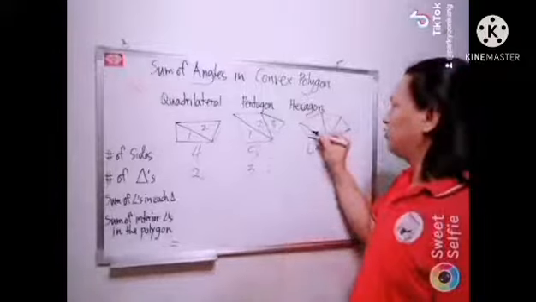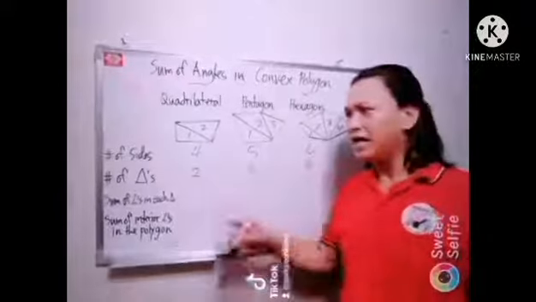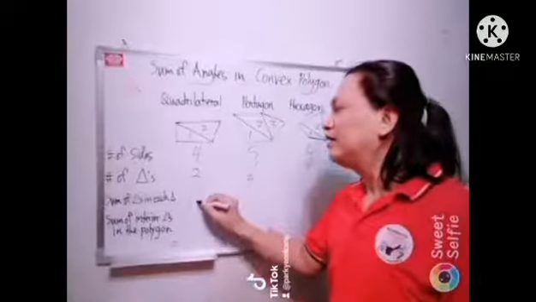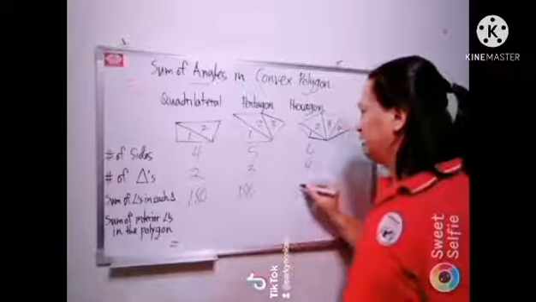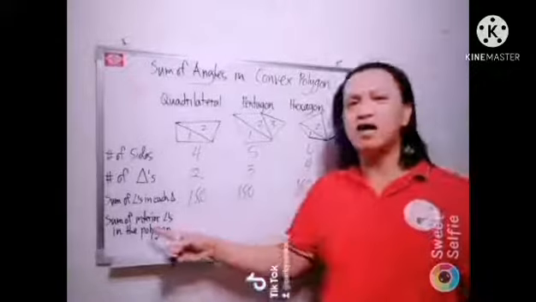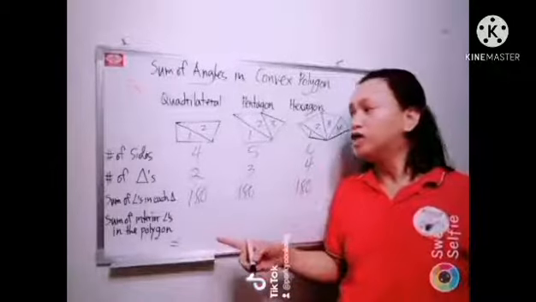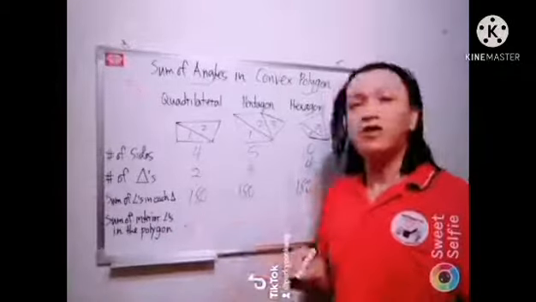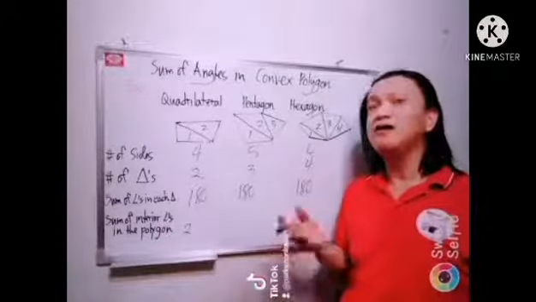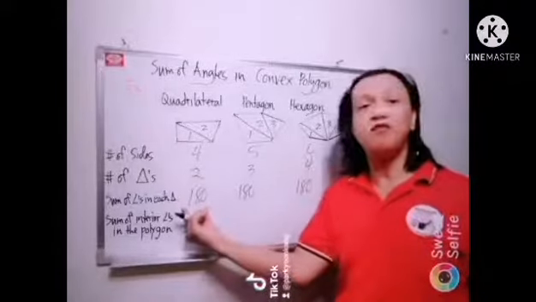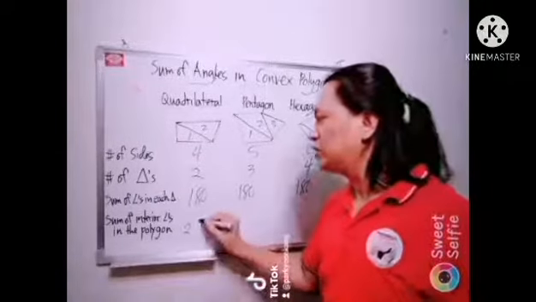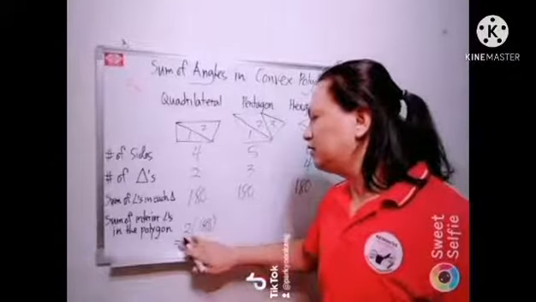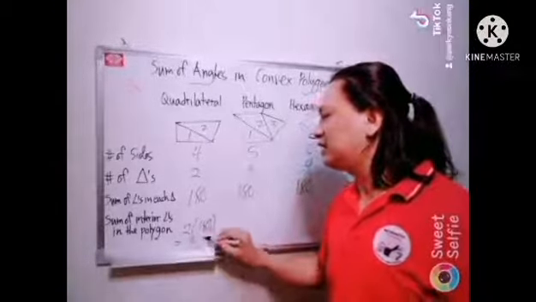And for the hexagon, we have 4 triangles. The sum of angles in each triangle is 180 degrees. To find the sum of the angles in the polygon, just multiply the number of triangles formed by diagonals by the sum of angles in each triangle. That is 2 times 180, equal to 360 degrees.